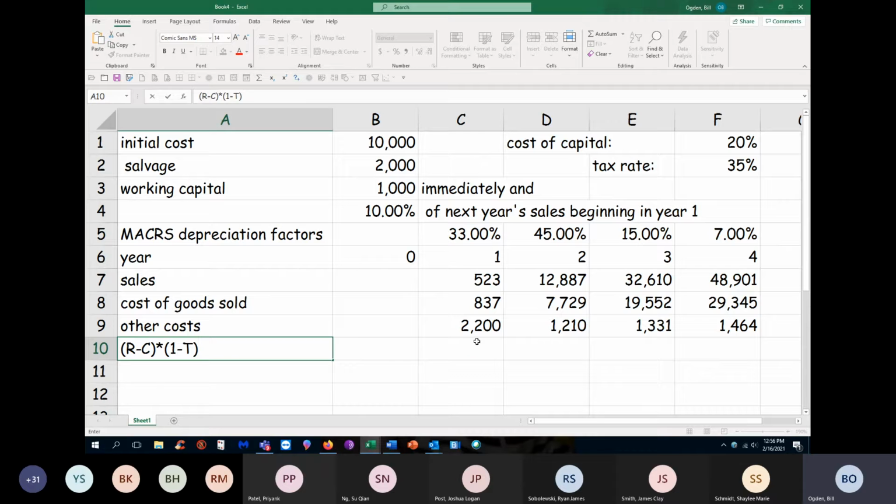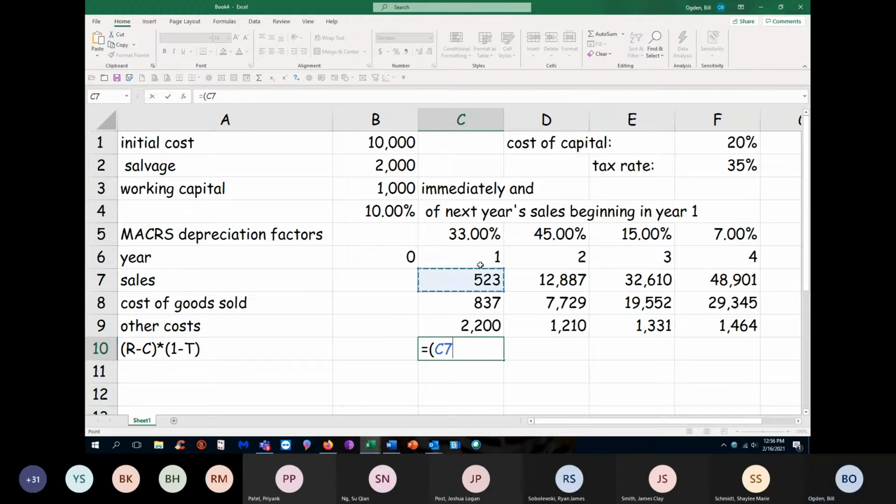So I'm going to say equals, take the revenues, subtract the cost of goods sold, that's a cost, and subtract the other costs. And I'll put a right parenthesis on this.